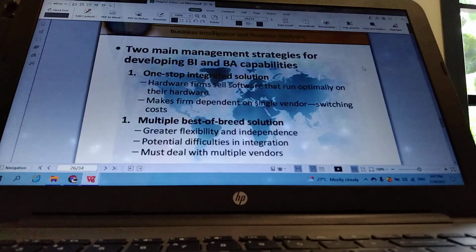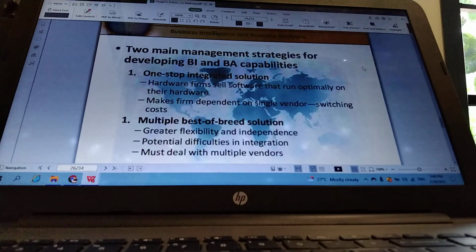So one of the main reasons for management to use these BI and BA capabilities is as a one-stop integrated solution. The next reason is as a multiple best-of-breed solution, as best practices or the best option.